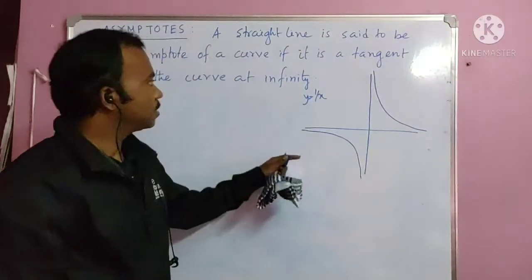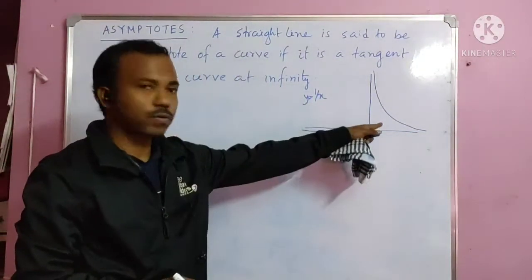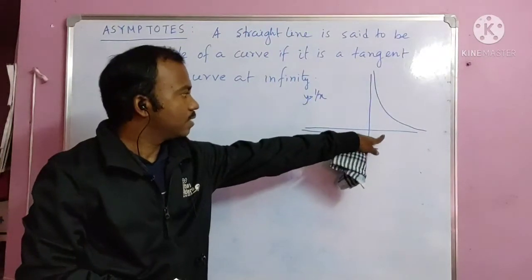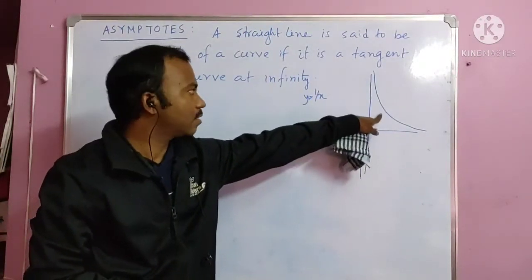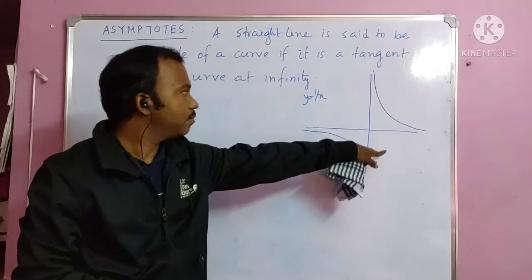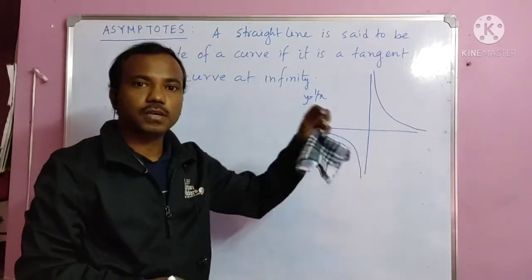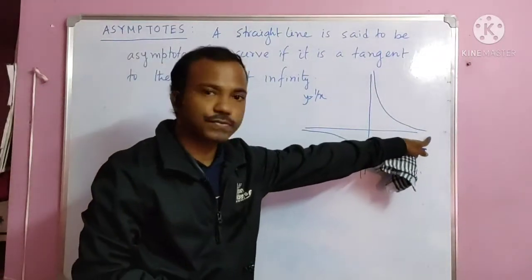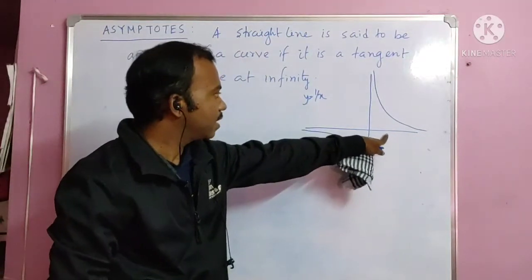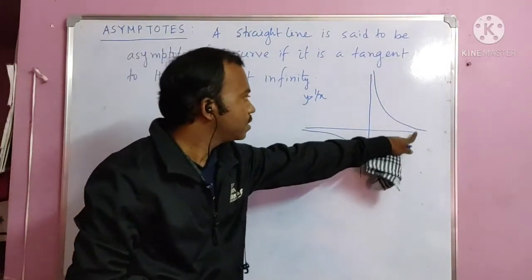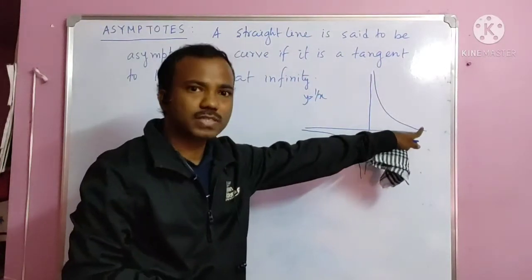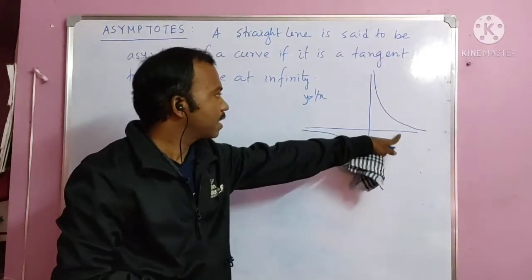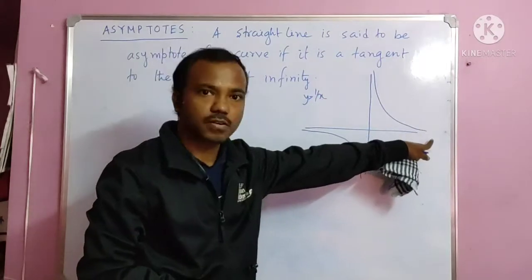Okay, see these portions. Now this is the x-axis and the curve. The distance between them is becoming closer and closer. At the point of infinity, we can say that the x-axis will touch the curve.